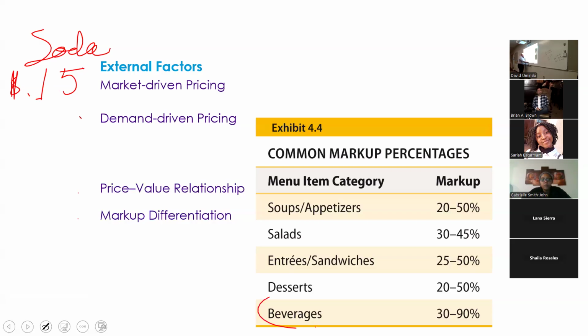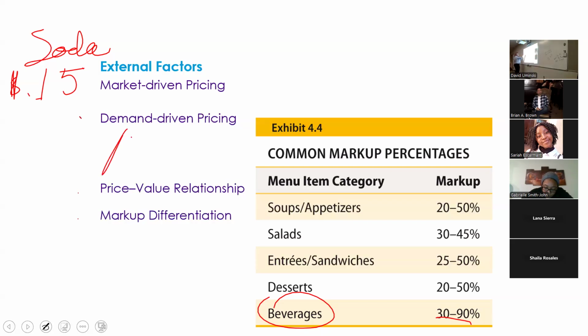Now, beverages have a 30 to 90% markup. So if it has a 90% markup, that means it has a 10% beverage cost. You see the difference? The difference of 90 from 100 is 10. So the 10% is the cost to make it.